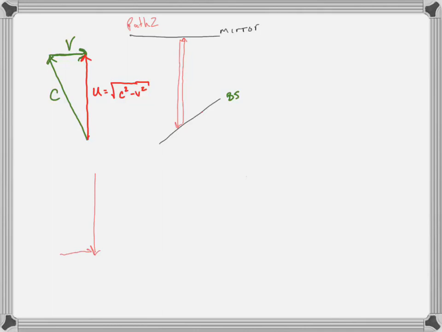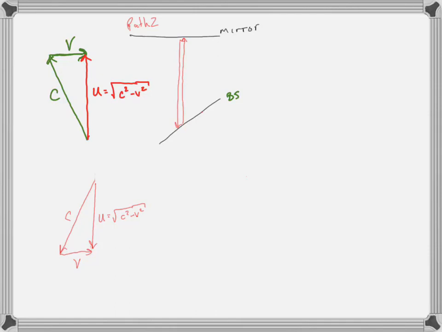So V plus C, if this is C, when it's on its way back, I think I got it right this time. In order to follow the straight down path back, it actually must be C, in the picture that I've shown on the bottom here, down and to the left, and V pushing it back to the right, so that the resultant vector is this one, and the velocity there is also the square root of c squared minus v squared.